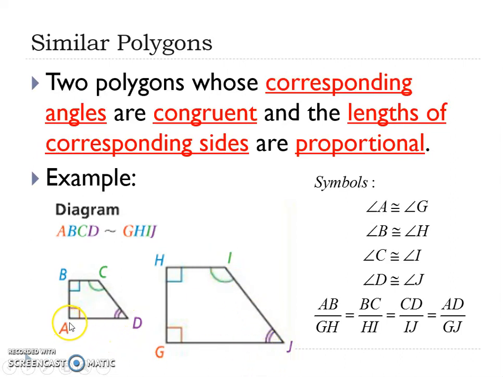And then AD right here is corresponding to this. They're going to have the same ratio. So they're proportional to each other, not congruent. So a similar polygon is the same shape but a different size, but the corresponding angles inside are congruent.